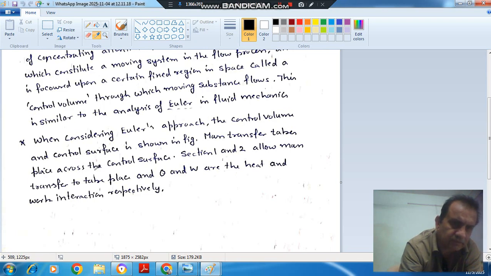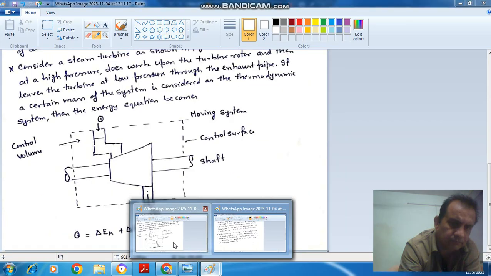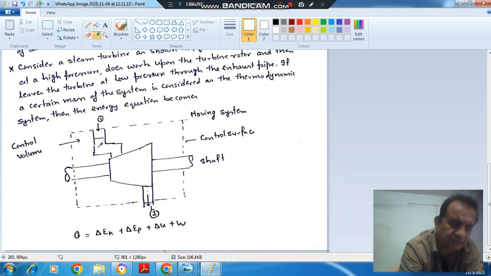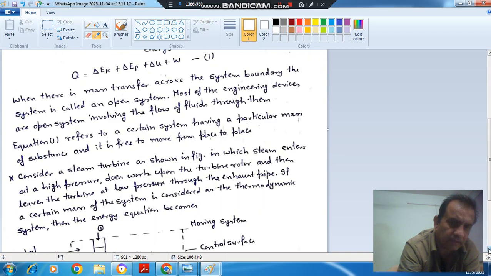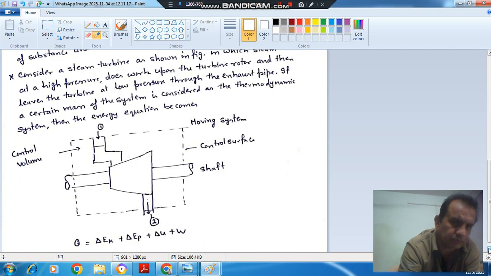The mass transfer takes place across the control surface. Sections 1 and 2 allow mass transfer to take place, and Q and W are the heat and work interactions respectively. So here mass is entering, here mass is leaving, and Q and W are heat and work. So this is the first topic in the first law applied to flow process, that is control volume, with the two approaches, the Lagrange approach and Euler's approach, definition.